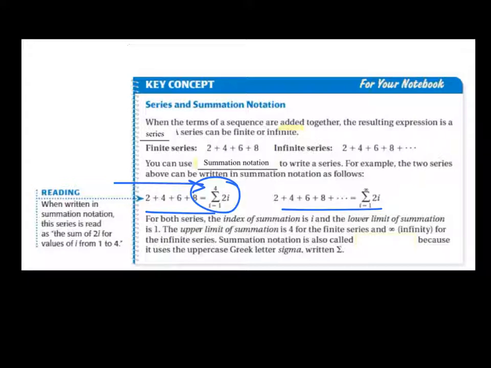We're only going to the 4th term, whereas this one is telling you we're going to continue. And that little letter there is the Greek letter sigma, and that just means summation, so that's summation notation.